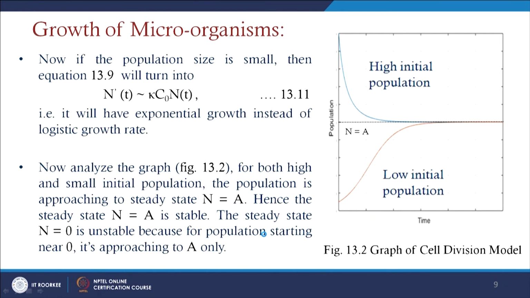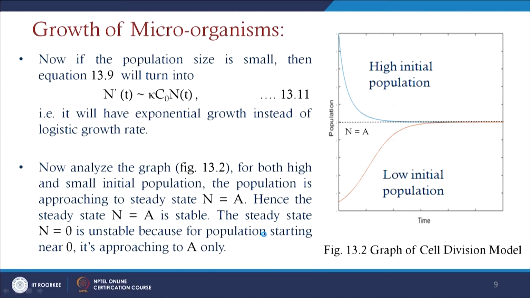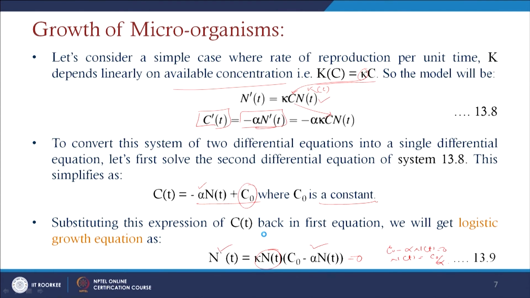Suppose the population size is very small; then the square and higher power terms can be neglected. Our population level n prime of t is written as k n of t into c 0 minus alpha n of t. The first term gives k n of t c 0, and the second term gives k alpha into n square t.